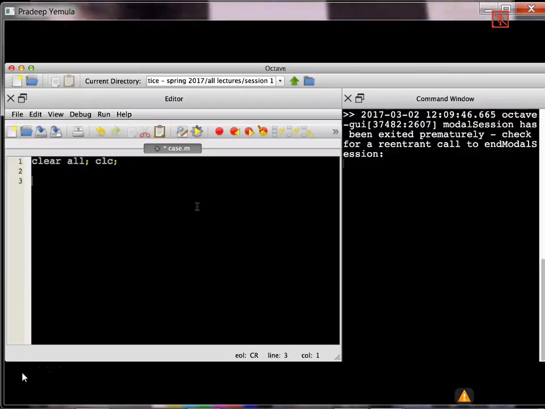Okay, so now I am calculating case 1, or case 2, that is the LG fault.